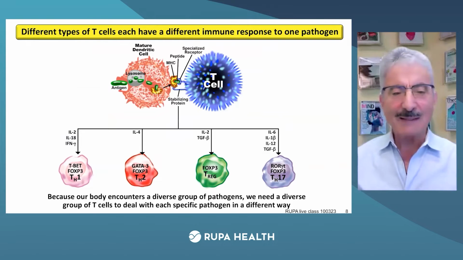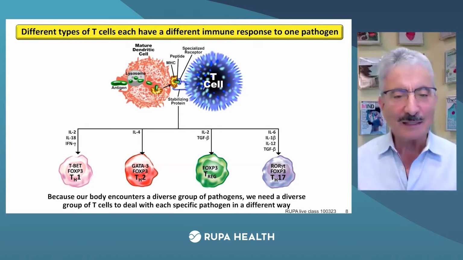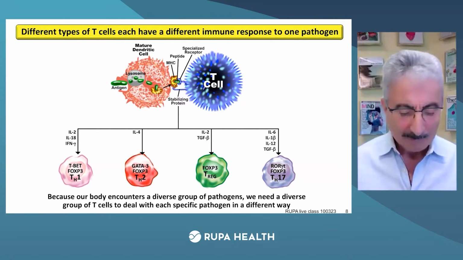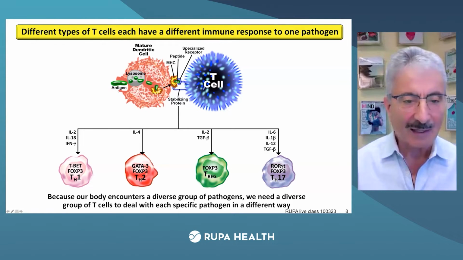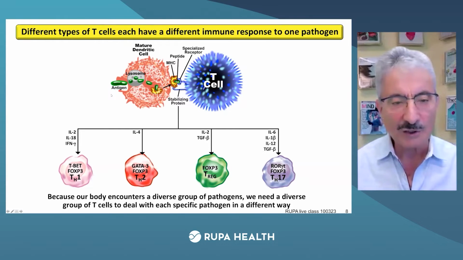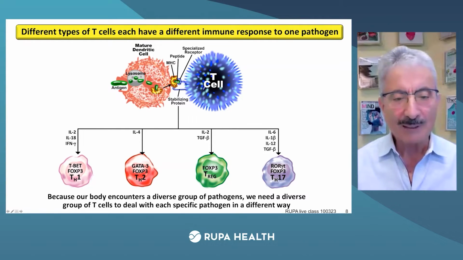So now we see that in the innate immunity, antigen presenting cells take up the antigen. Let's say this is Epstein-Barr virus, SARS-CoV-2, or Campylobacter jejuni; it will be taken up by macrophages.